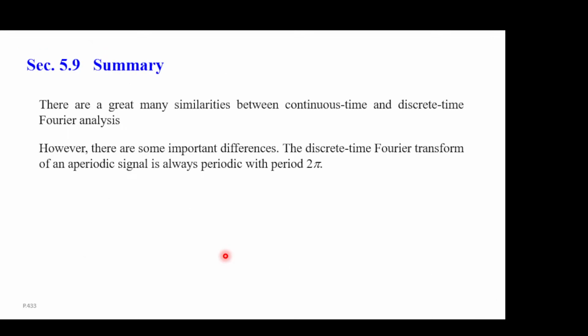Okay, and the summary doesn't say much, but anyway, the summary is that we have a discrete Fourier transform. It's very similar to continuous time, but now the frequency domain is always periodic with period 2 pi, etc.